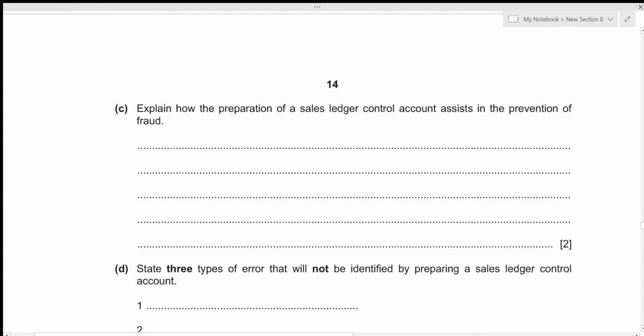We need to explain how the preparation of a sales ledger control account assists in the prevention of fraud. So firstly, sales ledger control account is maintained by a member of staff who is not responsible for the particular ledger. So let's write that down.